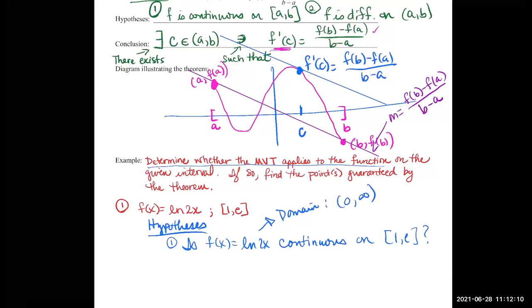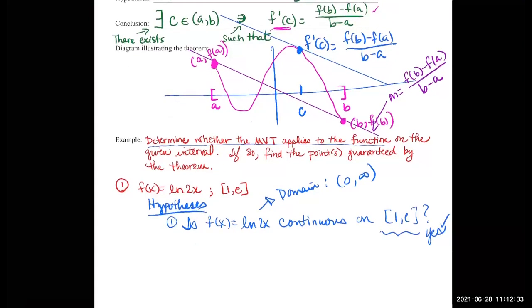The domain of that function is from 0 to infinity. So that function would not be continuous at 0, but notice that's not in our interval. In fact, the logarithms were in our list of functions that were continuous everywhere they are defined. And our function is defined on that interval. So we can just say it's continuous. Again, there's not any work to show me other than just writing it down and telling me that you checked.